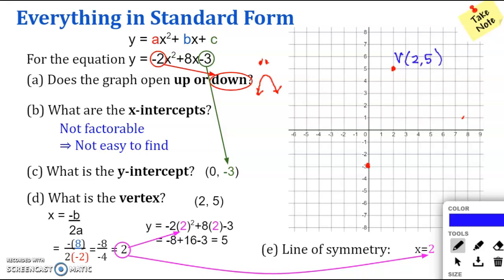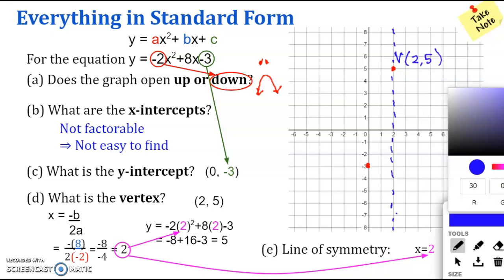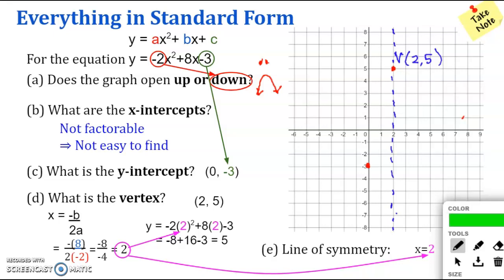That means the line of symmetry is always going to go through the vertex. That means we know that it's also going to be symmetrical. So if I have this point here and I have this point here, then reflecting this point against the mirror, it's going to give you this point right there as well. So this is the mirror point, the reflection point.